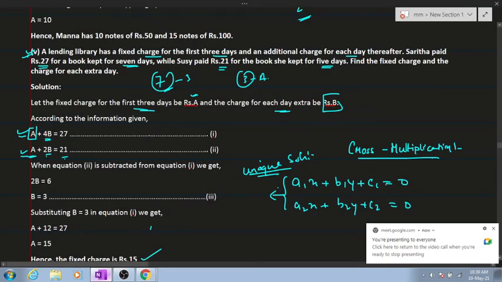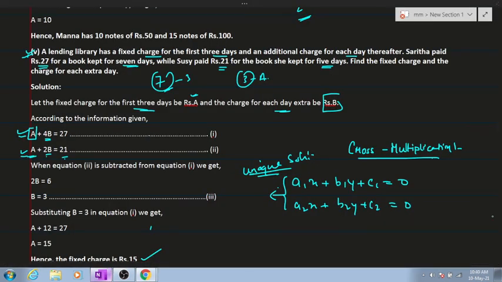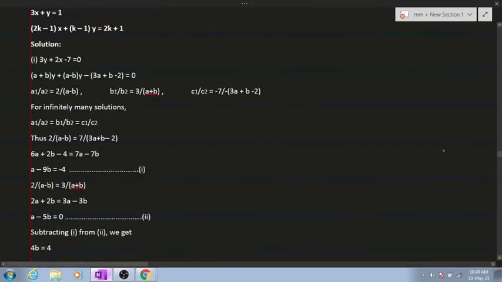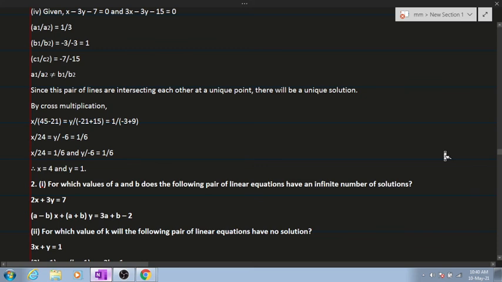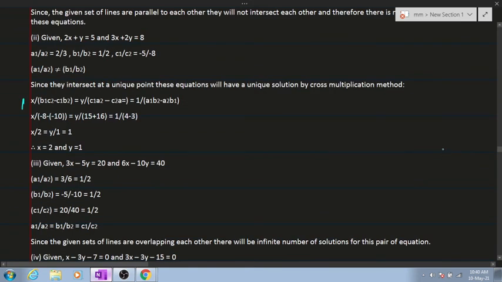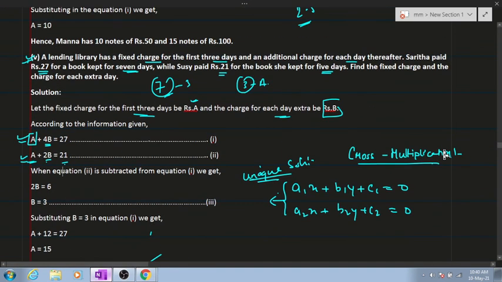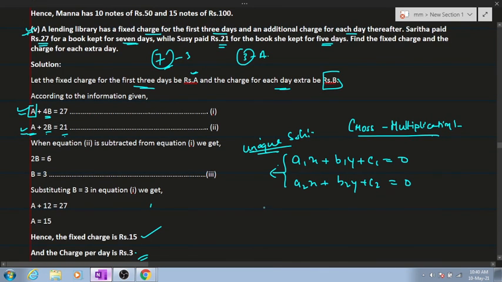Just a moment, first let me tell you the cross multiplication portion. If we have two equations and we have to solve them using cross multiplication, first make sure that everything is on the LHS, and then write x upon, minus y upon, equal to 1 upon. Look very carefully. When we write x, this column goes off.